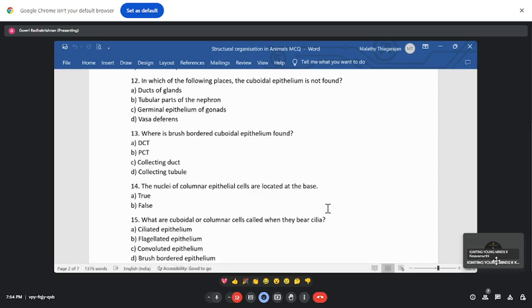So what is left now? Vasa deferens. That is the only place it is not found. Cuboidal epithelium is not found in vasa deferens.